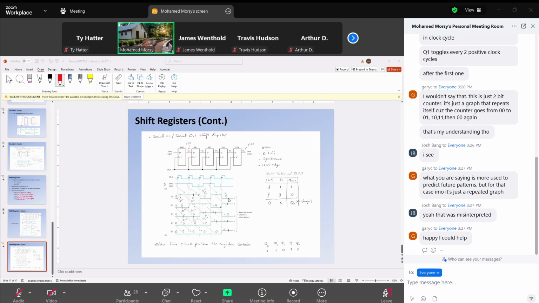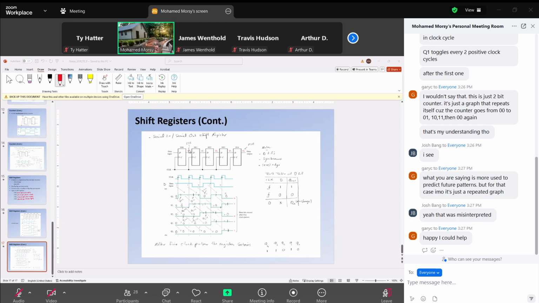The same for the rest, but for Q1, the input is Q0. So this Q0 represents the input for Q1, I mean for FF1.